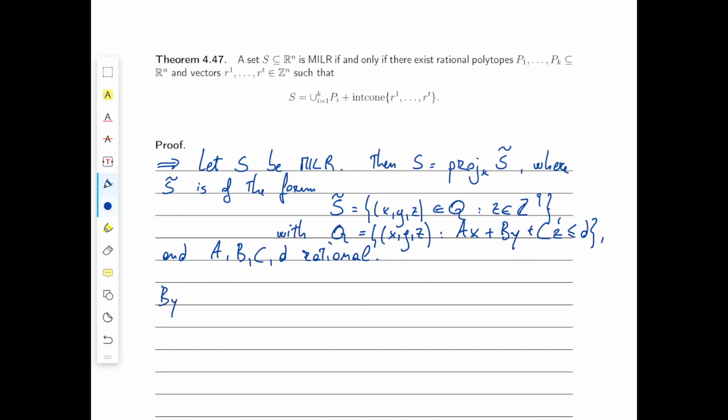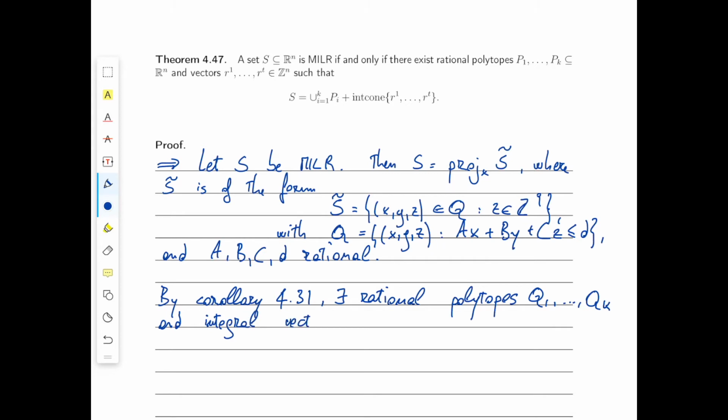So by corollary 4.31, there exist rational polytopes Q1 until Qk, so finitely many, and integral vectors, let's say S1 until St, such that S tilde is equal to the union for i that goes from 1 to k of the Qi's plus the integer cone of the Sj's.